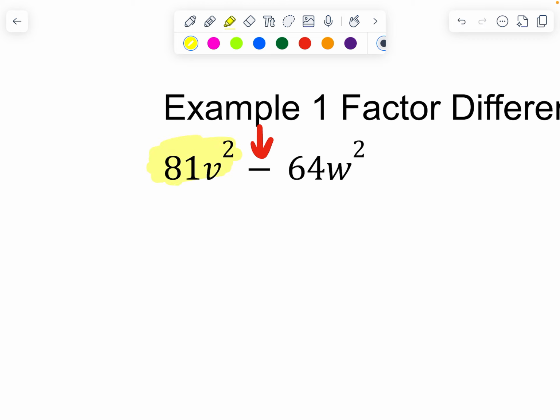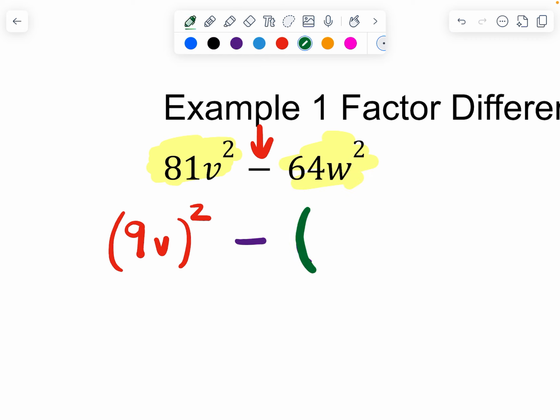So what we're going to look at is, is this right here a perfect square? Well, it's the same thing as saying 9v all squared. Then I have my minus sign. And then we're going to look at this one. This is the same thing as saying 8w all squared.